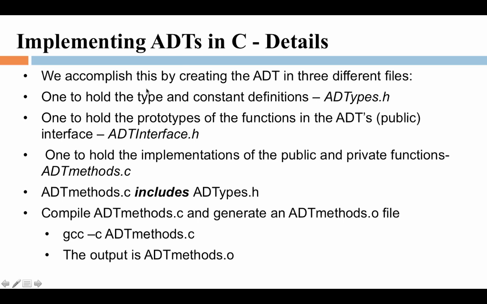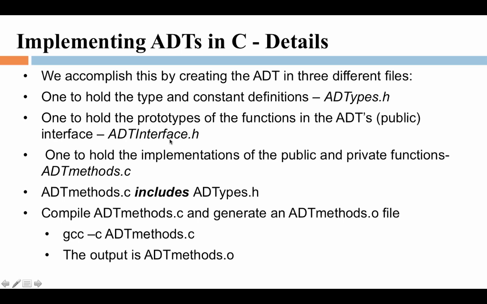Secondly, since you've already designed the abstract data type, you also have the functions or the operations that you are going to support on it: the operations for construction, for update, for query. All these functions you have already decided. Now you create a second file called ADT interface.h, your abstract data type interface.h.